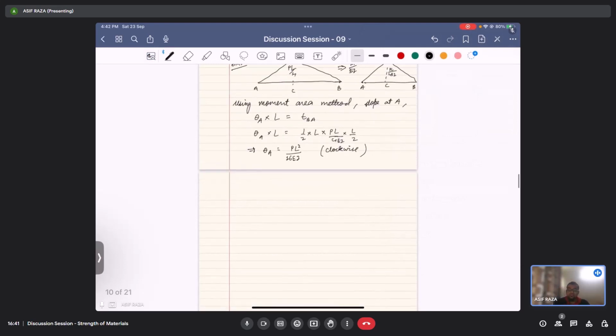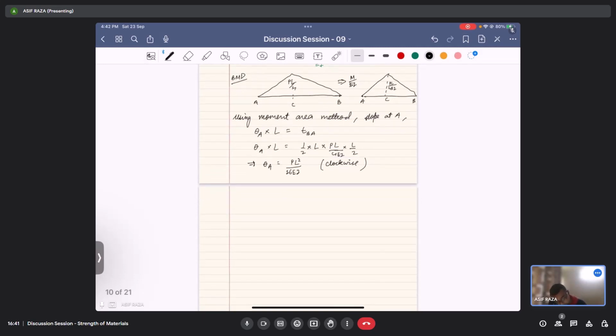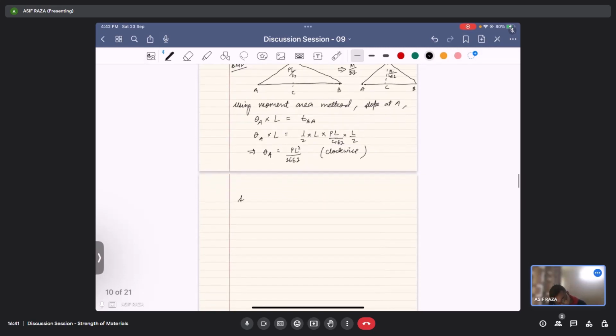Now let's find the slope at B. The slope at B can be found using theta BA, which is theta B minus theta A, and it would be equal to the area between these two.